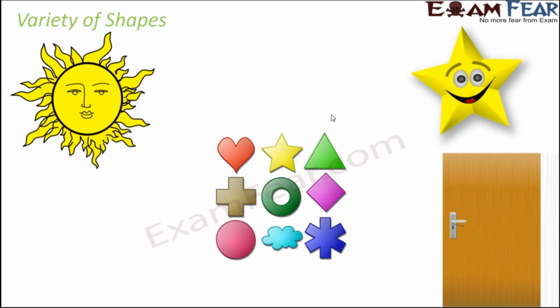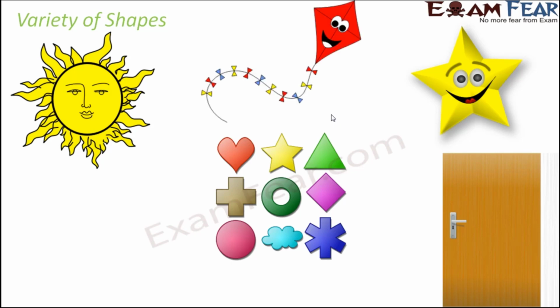Again, when you compare these things with something like a door or a window, what are their shapes? They are somewhat in the shape of a rectangle. These are the shapes that we are going to talk about in more detail in this lesson. You think of a kite. The shape of a kite and the shape of the door are not exactly similar.